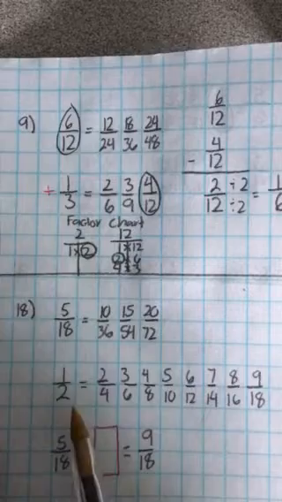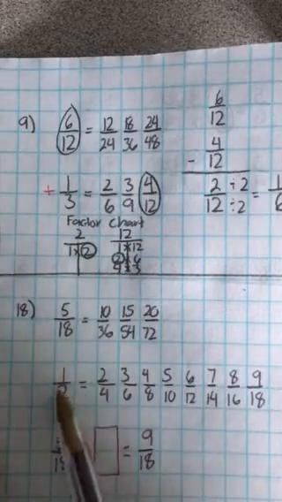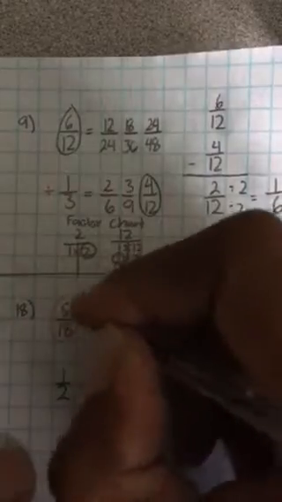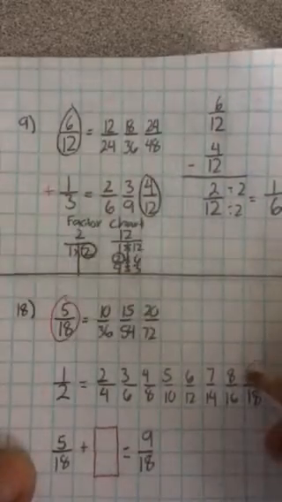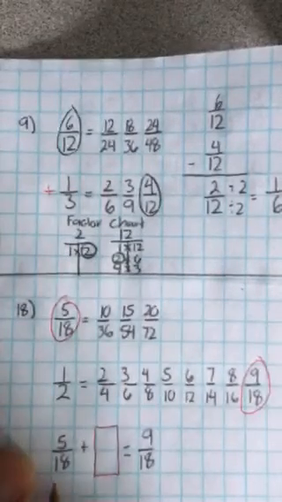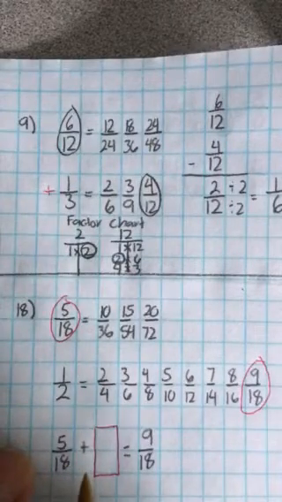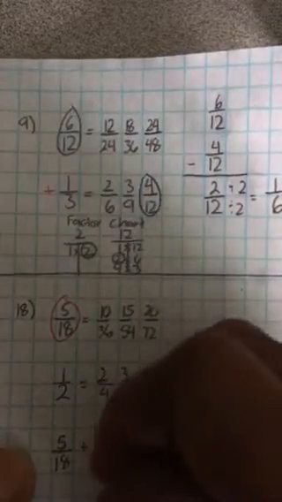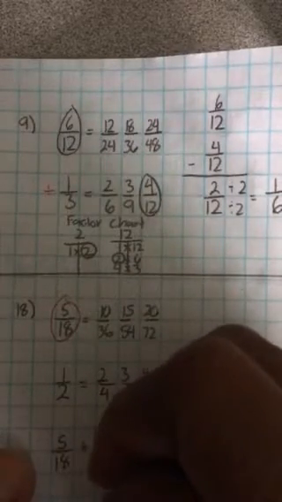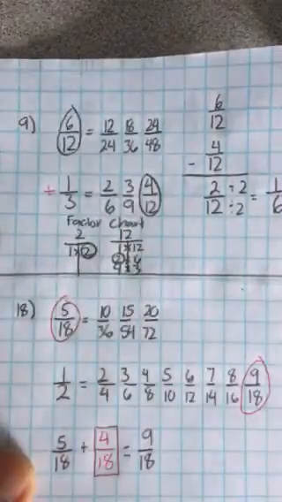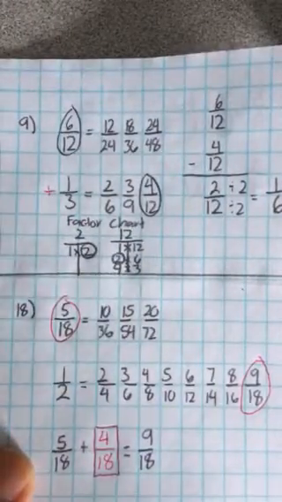So I need a common denominator. I have 18 right here, 18 right here. Now I have 5/18 plus some number is going to give me 9/18. Since 5 plus 4 gives me 9, my denominator stays the same.